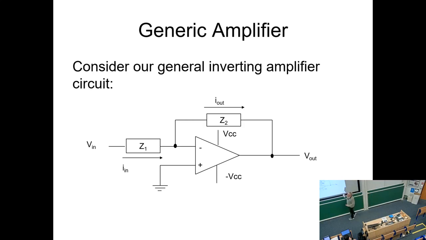And let's consider our general inverting amplifier circuit. So we know that the response of this, in terms of its transfer function relating V out to V in, is Z2 over Z1. With a minus sign, we're going to be strict about it. And that's what we've got. And we've considered resistors in here, and we've considered nonlinear things like diodes.